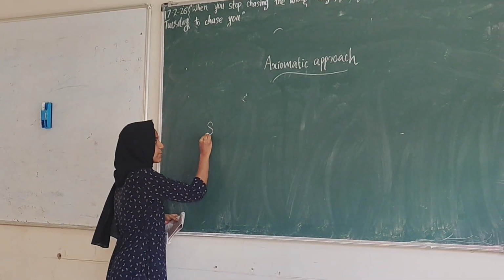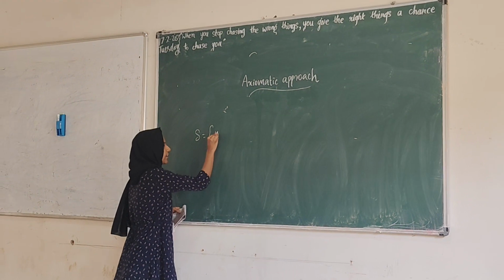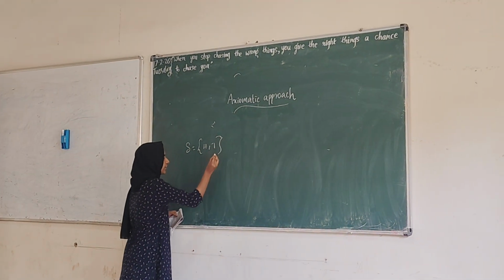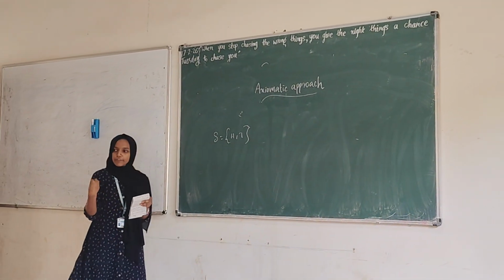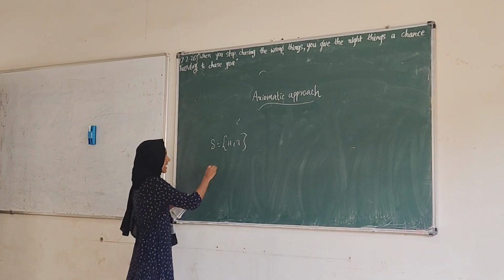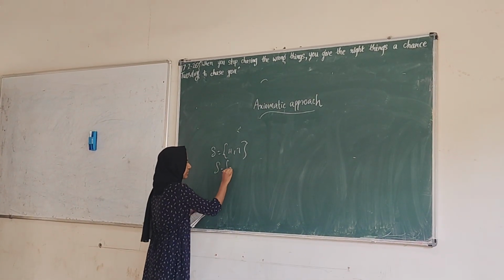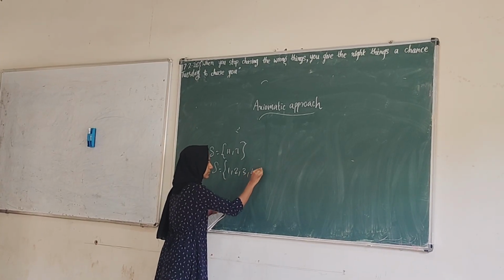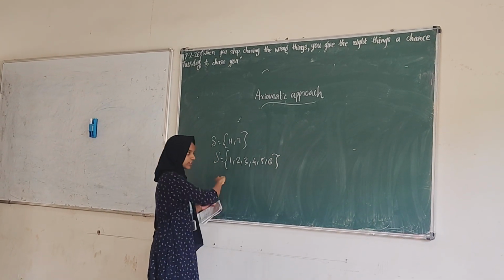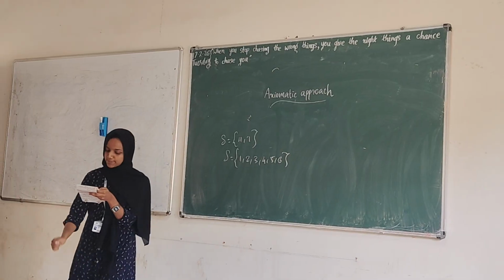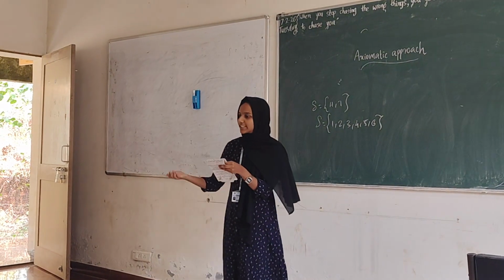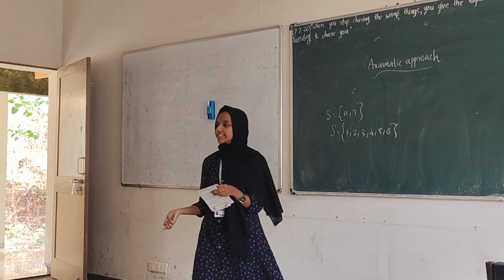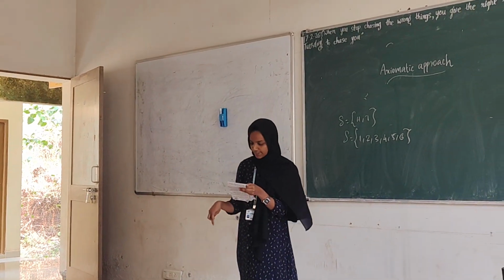When we toss a coin, the sample space is equal to {head, tail}. Or when we roll a die, the sample space will be {1, 2, 3, 4, 5, 6}. This is an example of sample space. Then the next term is event. An event means any subset of the sample space.